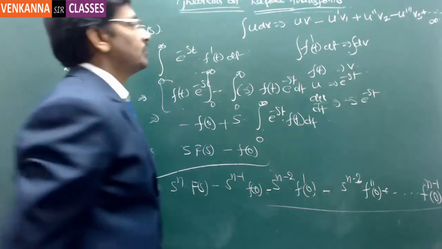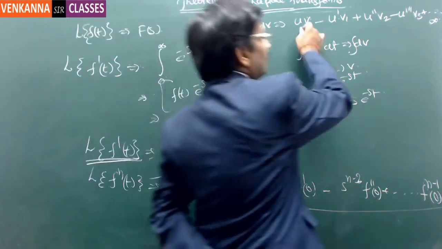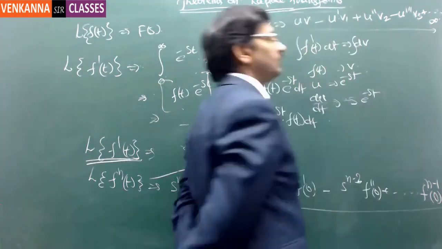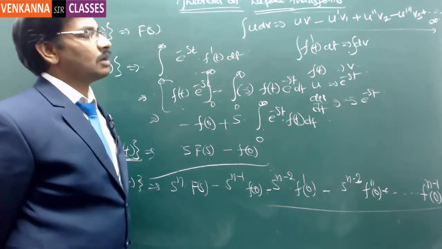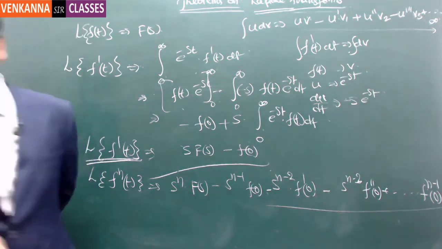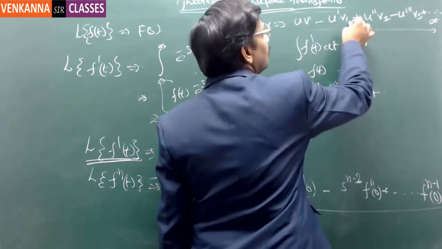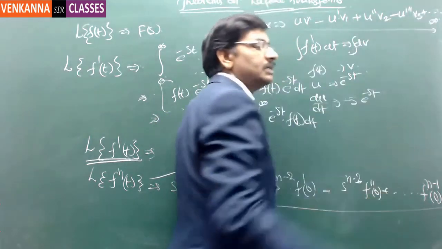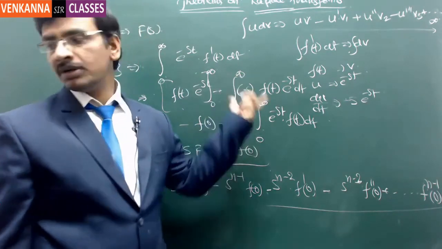So this is your chain rule. For the nth derivative, you can apply this principle, so that this chain will continue till the end where the derivative vanishes. So there you can stop. U dash, U double dash, U triple dash are all the derivatives, and V1, V2, V3 are the continuous integrations. This is what we call the chain rule, which is a simplified form of the by parts principle.